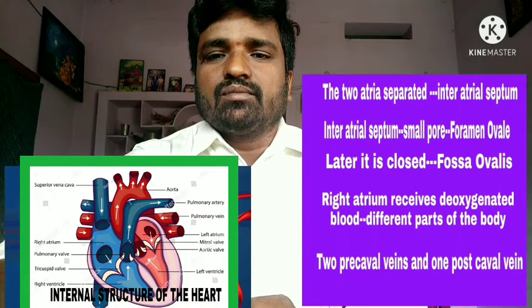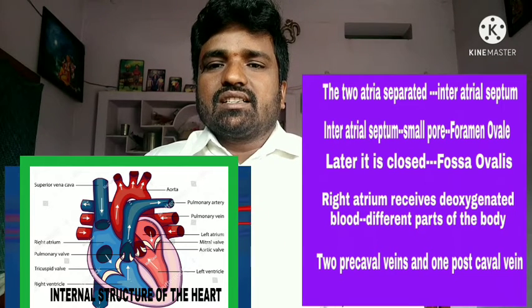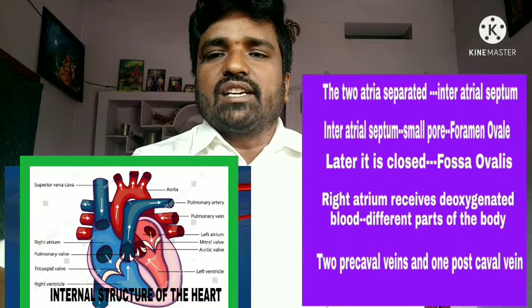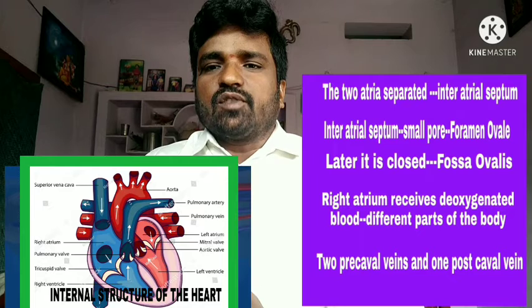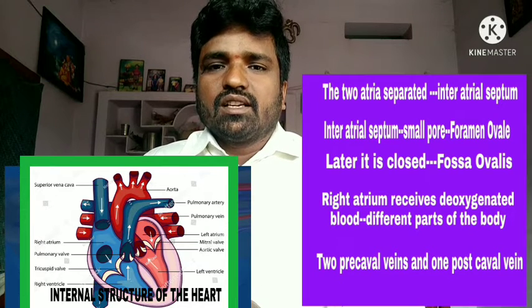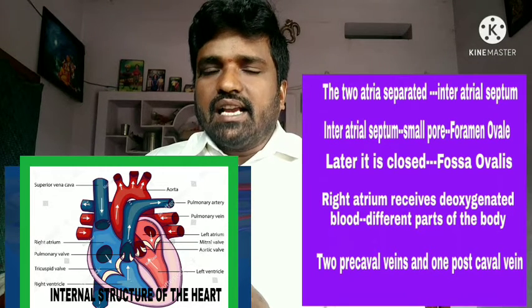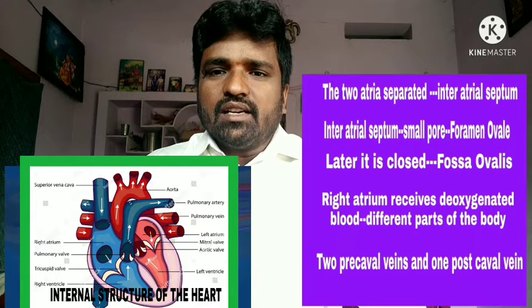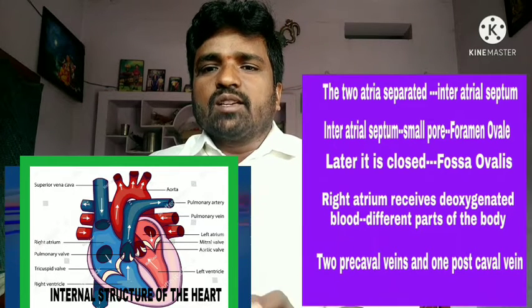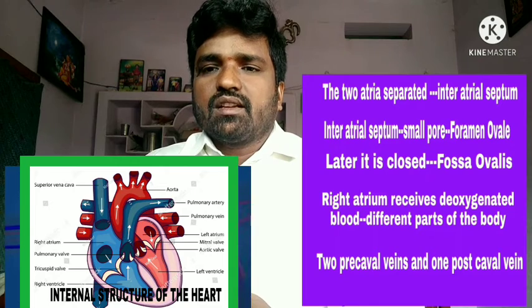The right atrium receives deoxygenated blood from different parts of the body through caval veins, like two precaval veins and one postcaval vein.